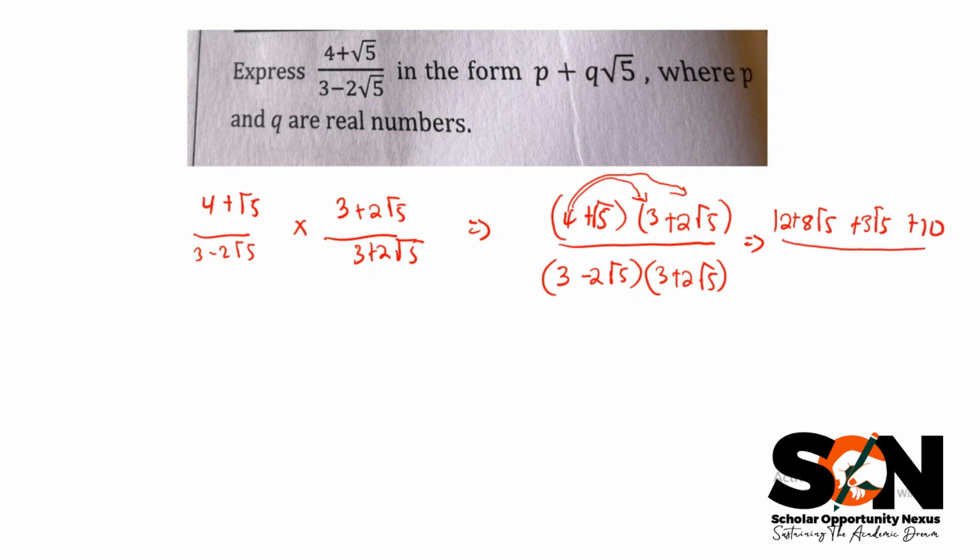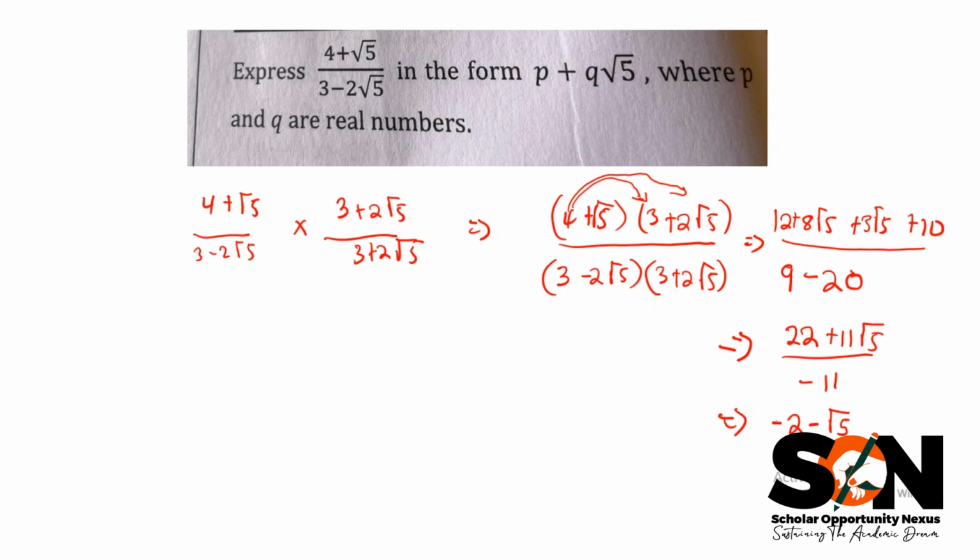Then all over, you have 3 squared, which is 9, minus 2 times 2, 4, times that one, that will give us what? 20. Yep, I'm sure. Then when you simplify the top, you are going to get 22 plus 11 square root of 5 all over the bottom, you have negative 11. Then if you simplify, you get negative 2 minus square root of 5.